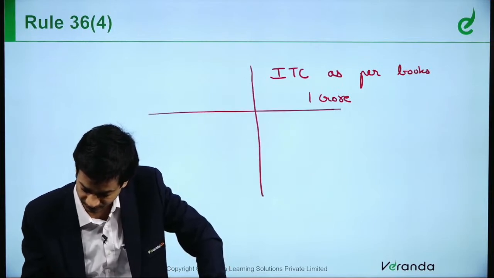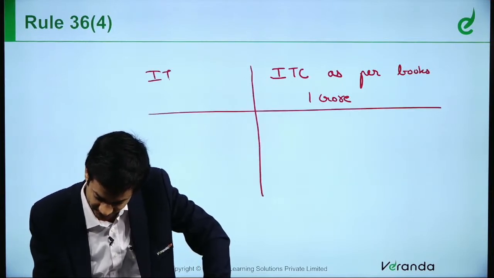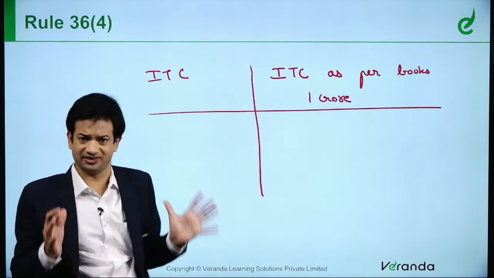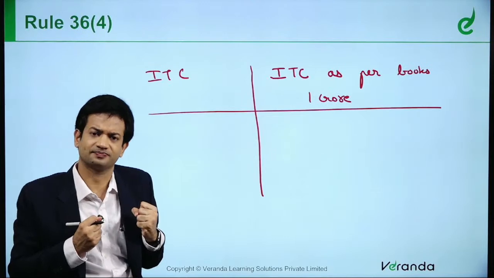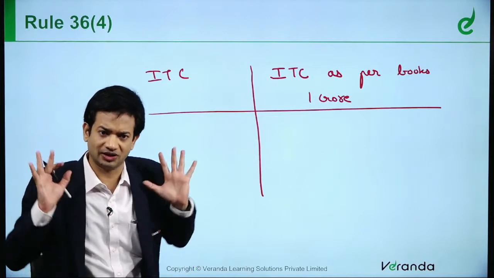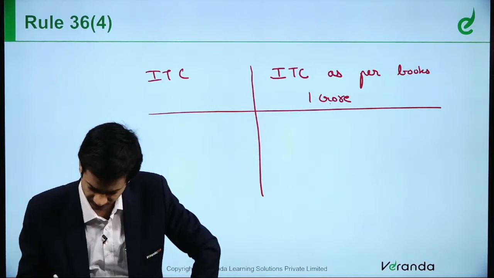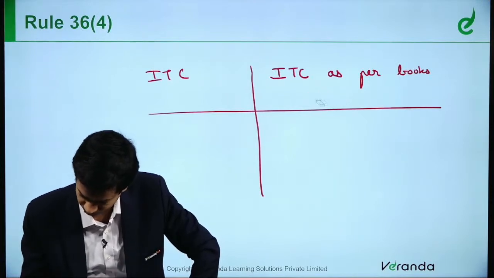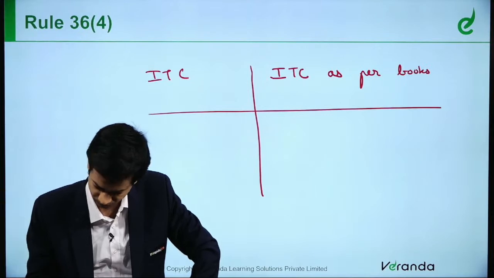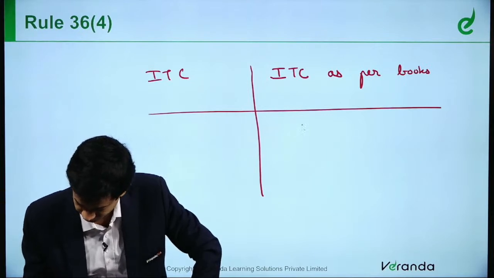In a month I have received goods from various suppliers along with invoices. So my total ITC, let's say, is 1 crore here.